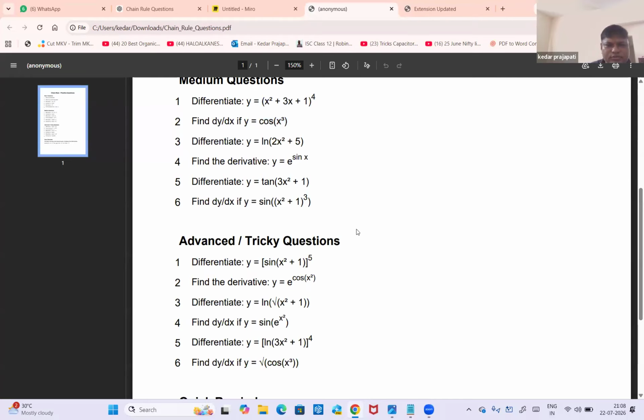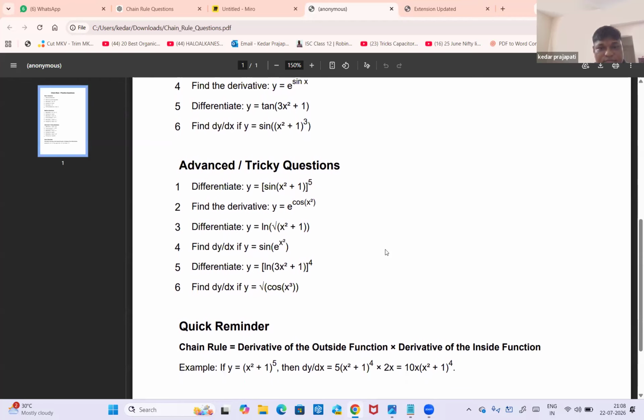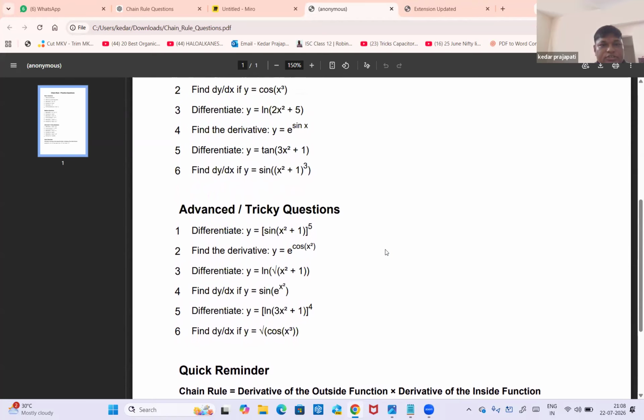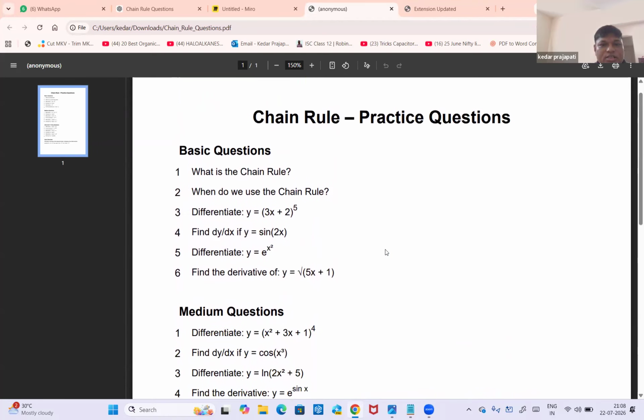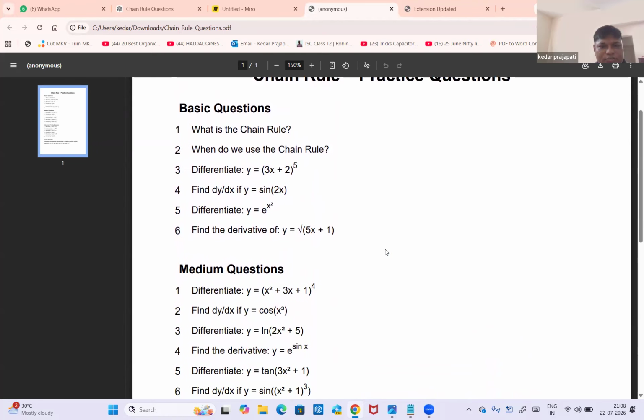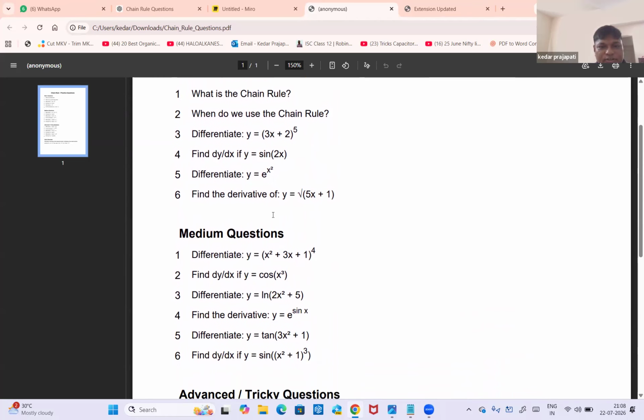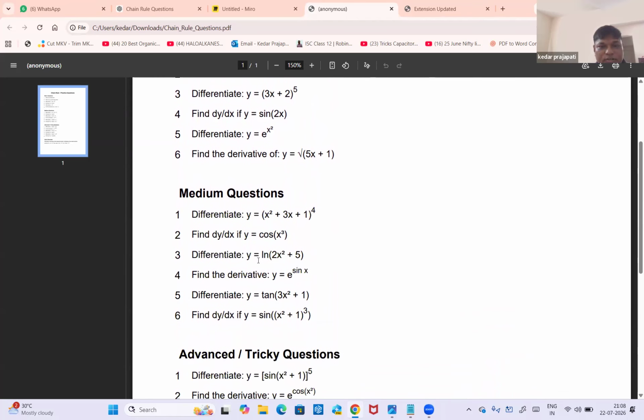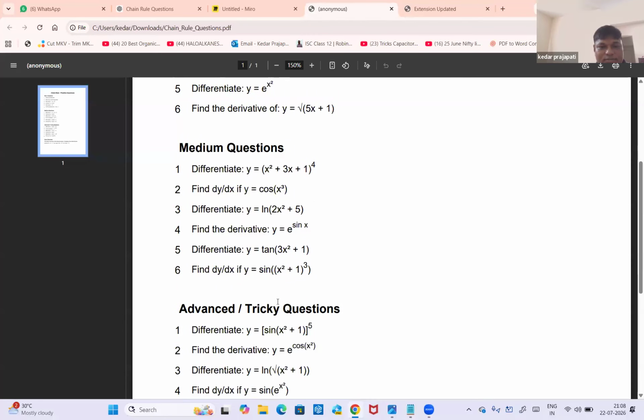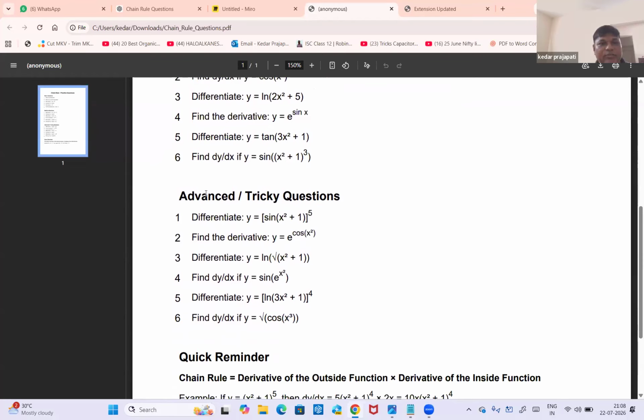Now we can solve, I think, chain rule, advanced trick. e to power x square we did. For sin x we can do. I think now we can do everything.